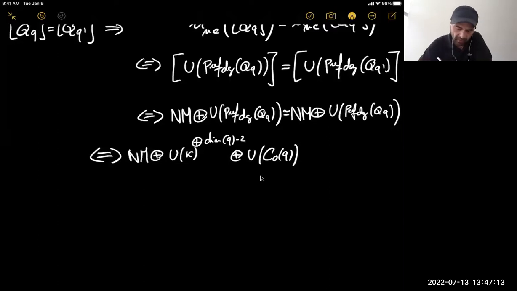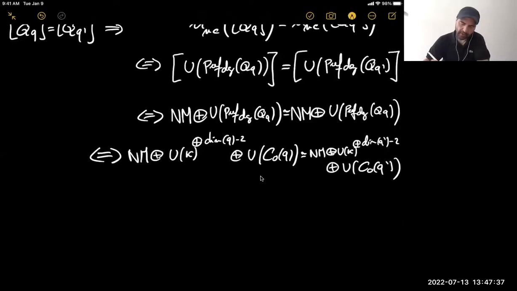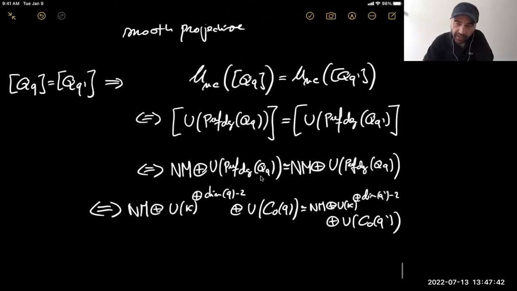So you see that you don't have this motivic decomposition in Chow motives, because here you have this even Clifford algebra, a truly non-commutative object. And then the same story on the other side: here you have a bunch of copies of k, so the dimension of k prime minus 2, and then also the even Clifford algebra. And of course, because they have the same Grothendieck class, they will have the same dimension. So in particular, the dimension of the quadrics will be the same.